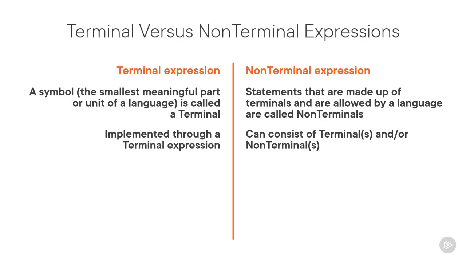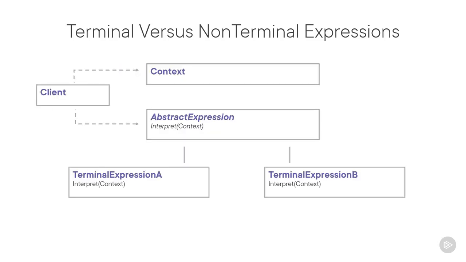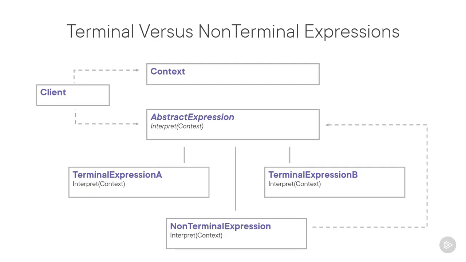So that is what these two mean and how they differ. A non-terminal expression is symbolized by non-terminal expression in the pattern structure. It maintains a list of abstract expressions that make up the non-terminal expression. Interpreting a non-terminal expression is typically done via recursion on all the variables that represent it. And with that, we know about the difference between these two. Let's have a look at the pattern use cases.